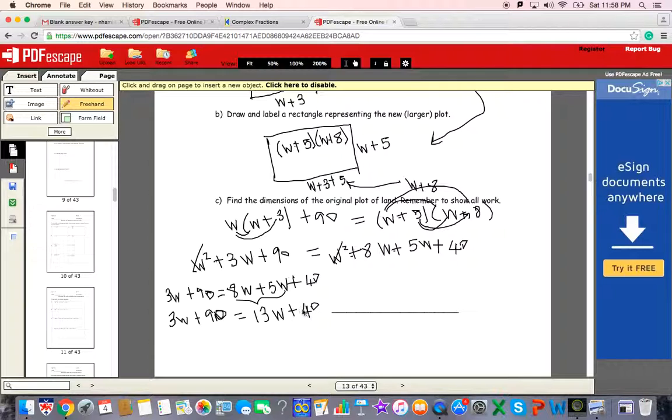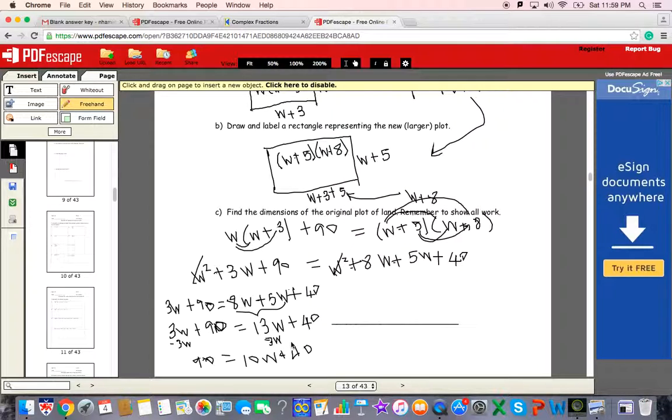All right, I choose to get the W's on this side and the numbers on this side. That way we can keep everything positive. So I'm going to take 3W away from that side and away from that side. And we get that 90 is equal to 10W plus 40.